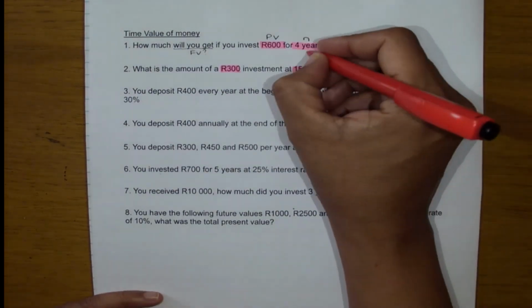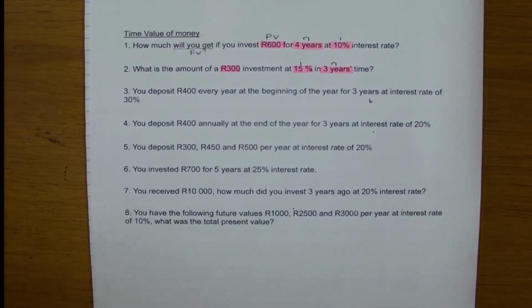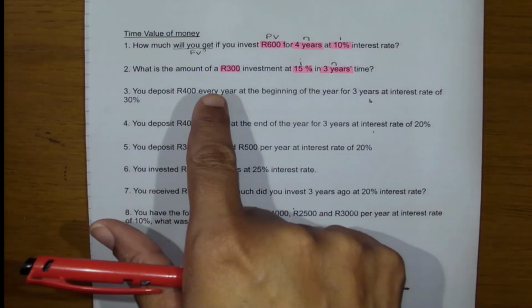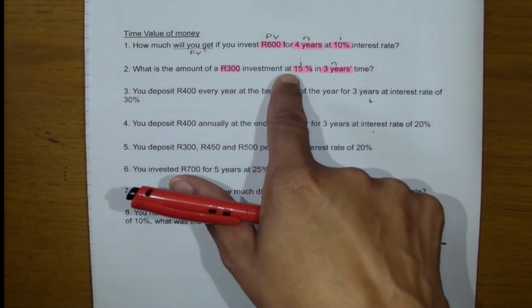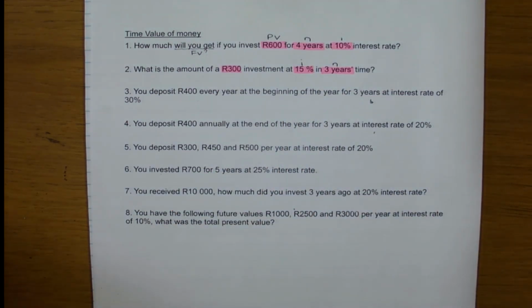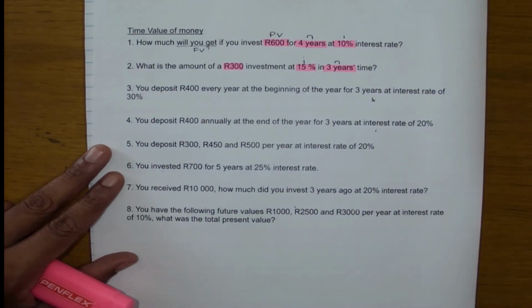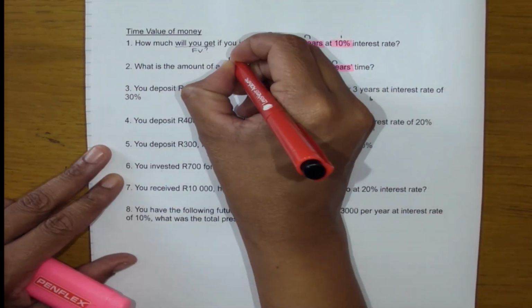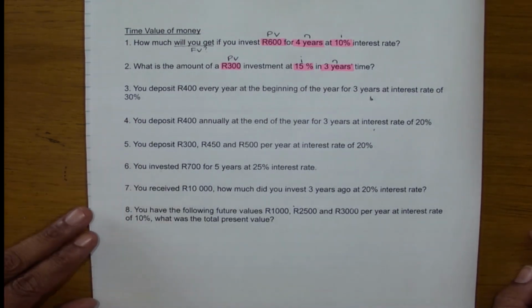So we already know 15 is I, 3 years is N, but the 300, what are they giving me? That's also future. So they want to know what it is going to be. So automatically we know that is our present value that they're giving us.